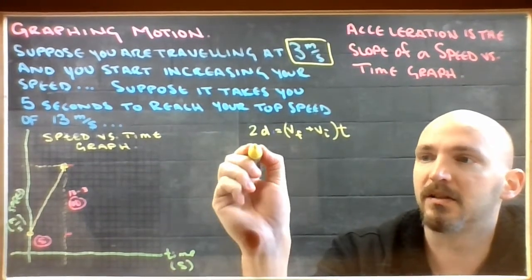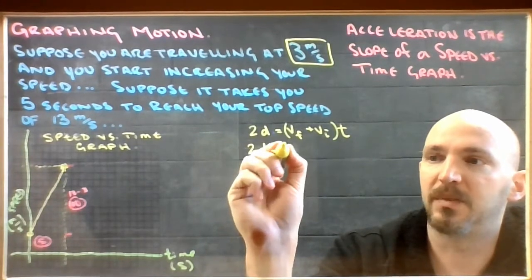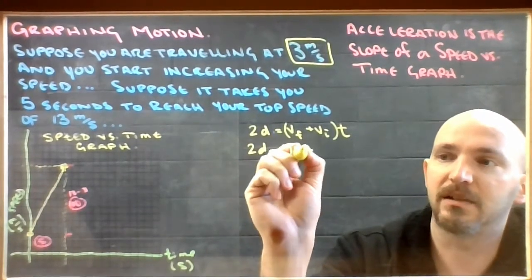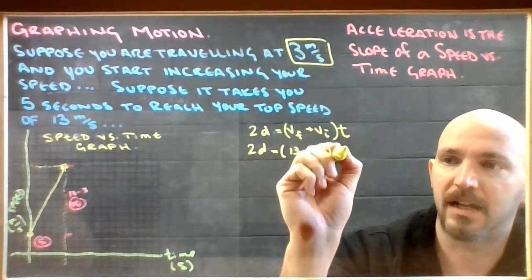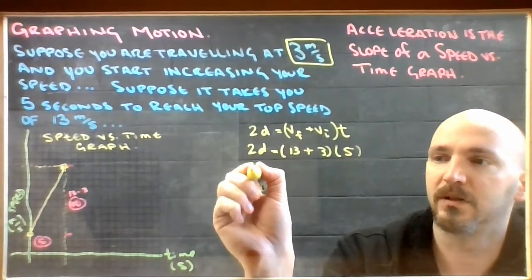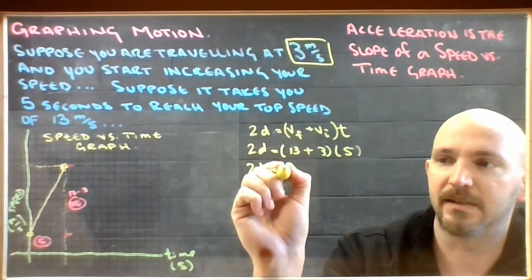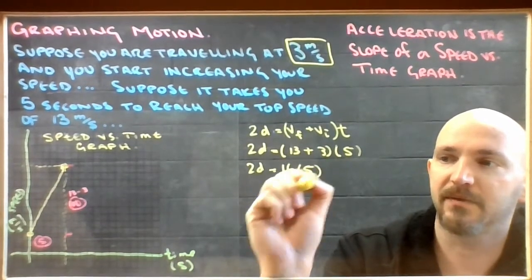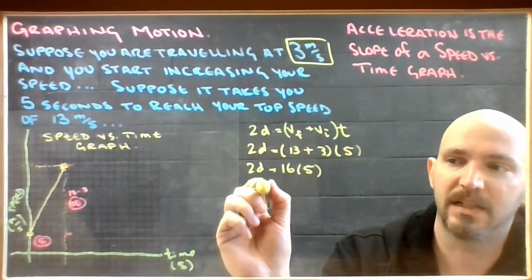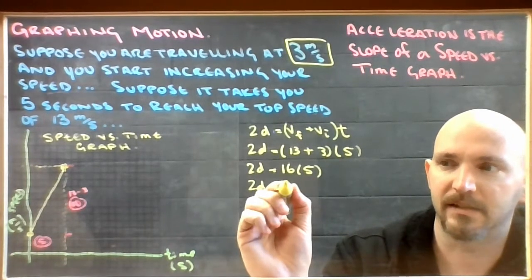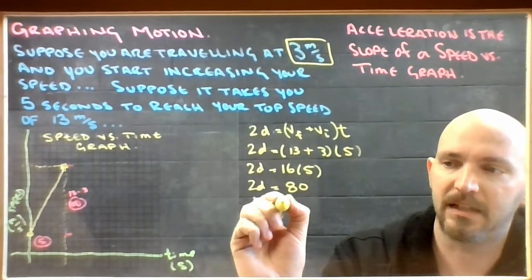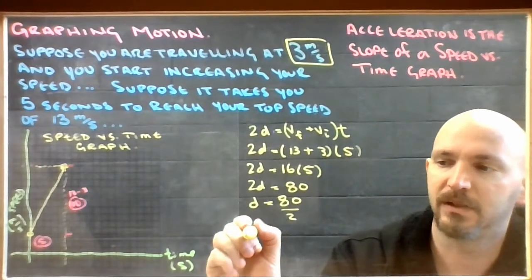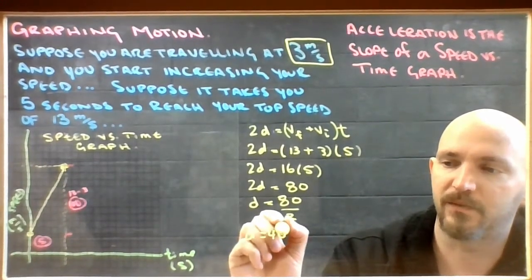Okay, so twice the distance would be, final speed was 13, V initial was 3, time gap was 5, 2d is 16 times 5, and 2d is, that's 80, so the distance should be 80 over 2, distance is 40 meters.